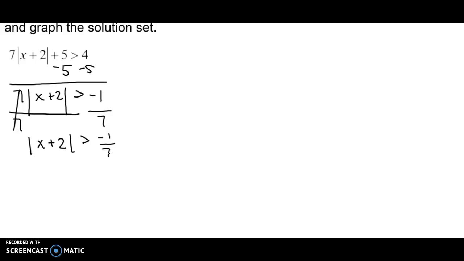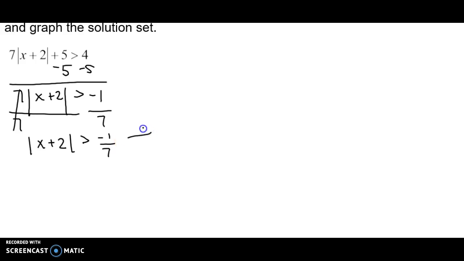Well, any value that you put in for x is going to make the absolute value be positive. So that whole solution is going to have to be greater than negative 1/7 because absolute values cannot be negatives.